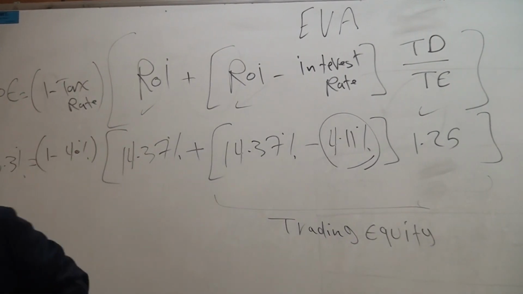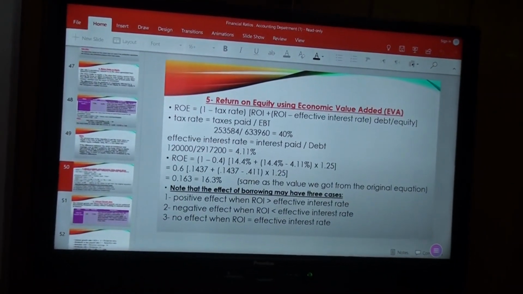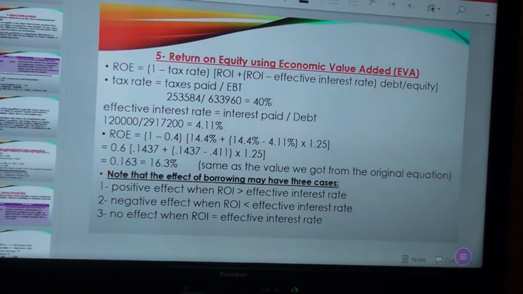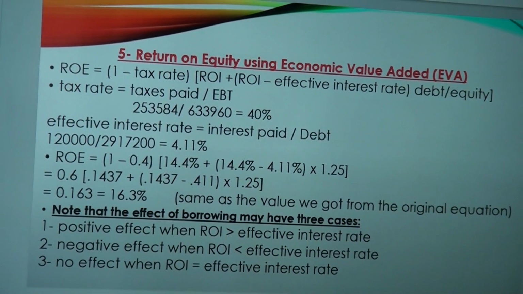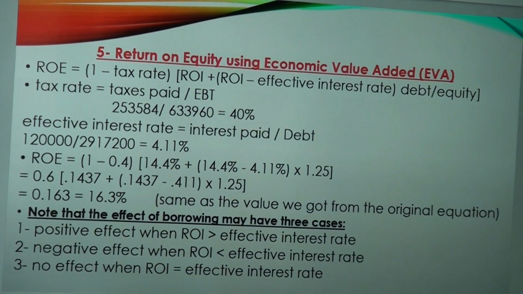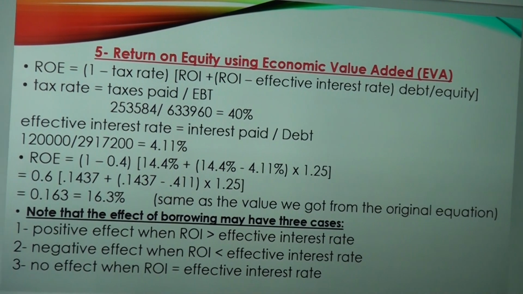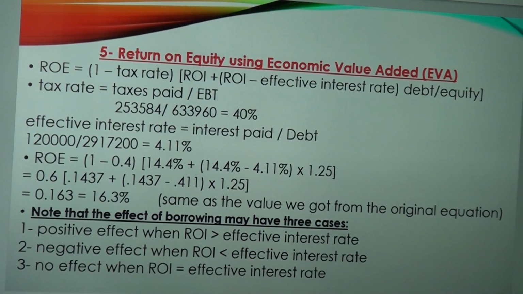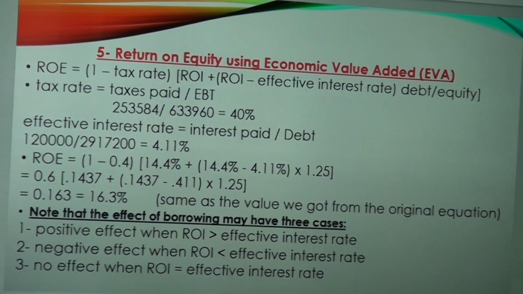Now we have 2 more ratios for the profitability ratios. We have the internal growth rate. This one should be ratio number 7, something like that. Internal growth rate.